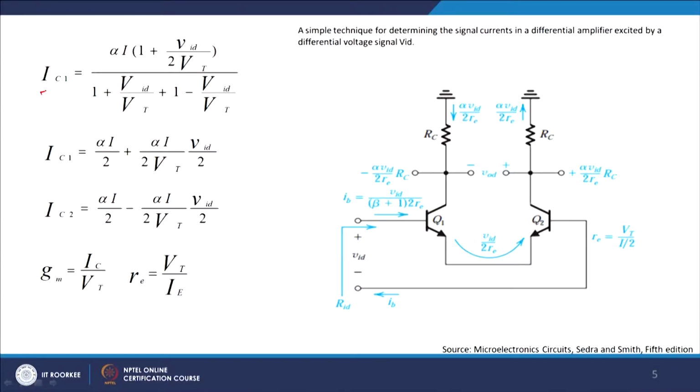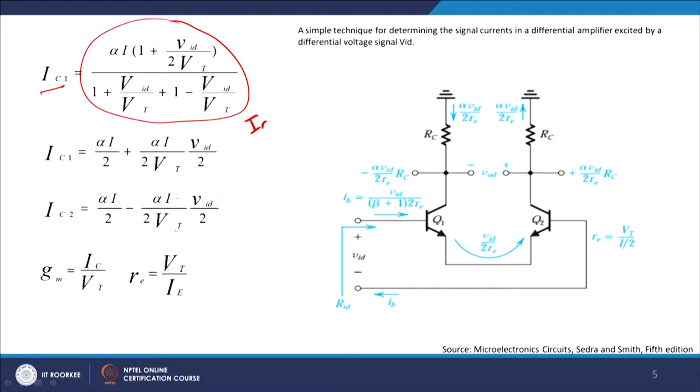Now let me find out what I was discussing with you earlier, that IC1 can be written by expanding the previous discussion. IC1 is alpha I by 2 plus alpha I VID by 2 times 2 VT, and IC2 is equal to alpha I by 2 minus alpha I VID by 2 times 2 VT.